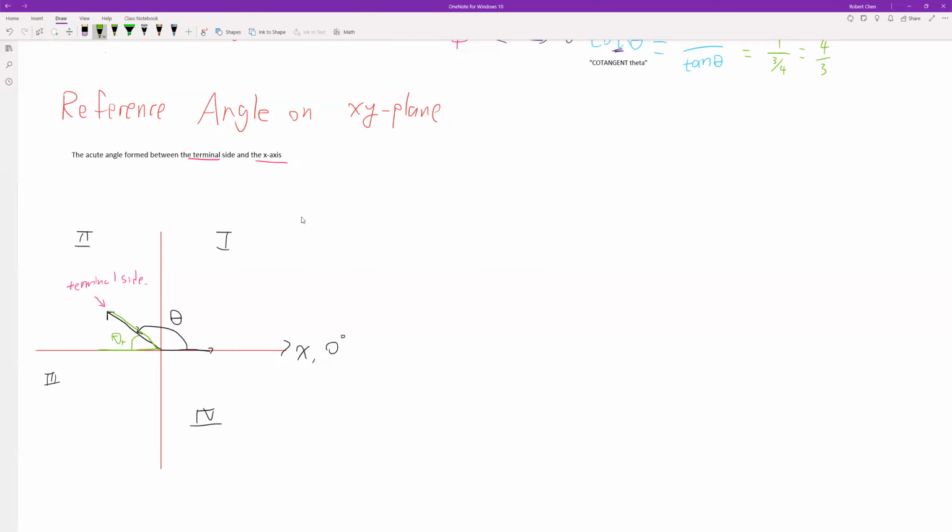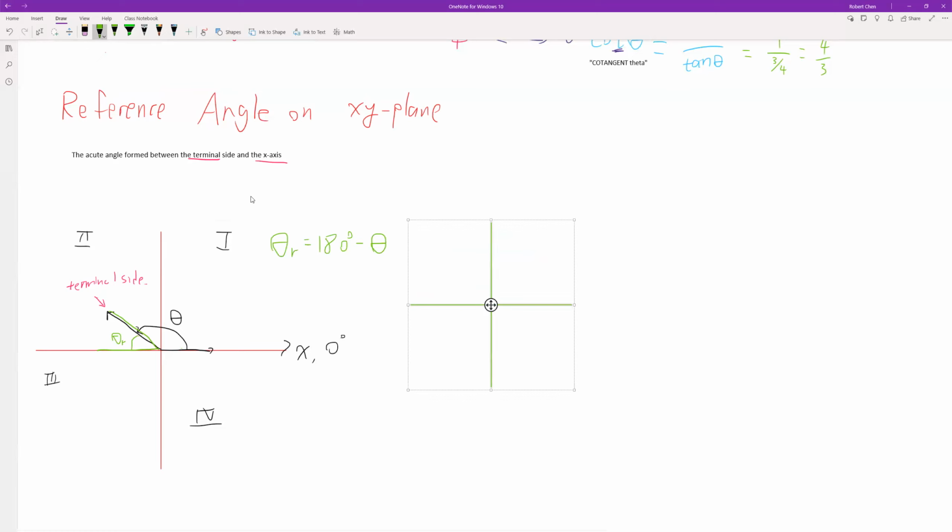And that's the reference angle. To find that, we simply take 180 degrees, because from the positive x-axis to the negative x-axis, we have to rotate by 180 degrees. So reference angle is equal to 180 degrees subtract our original angle, theta. Okay, and this will be different depending on where your angle is in different quadrants.